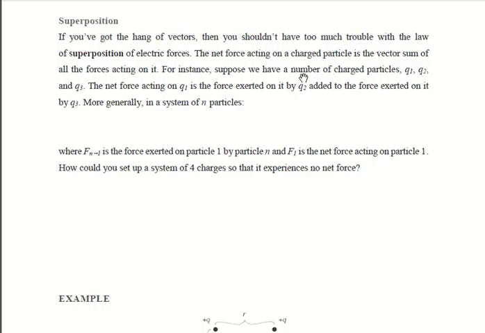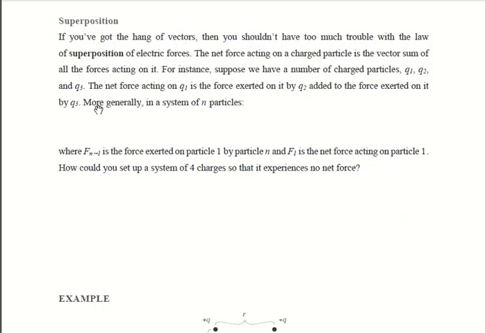So if we have a bunch of charged particles, Q1, Q2, Q3, we could look at the net force on Q1. The net force is going to have some part contributed by Q2, and some other part contributed by Q3.